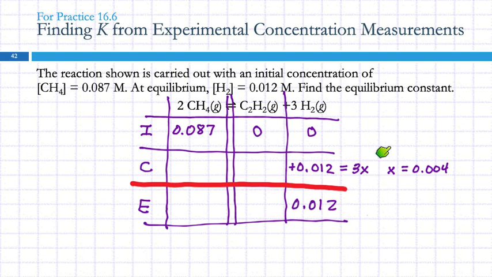Now that I know what the base is, when I go over here and I ask, how does this one change? Well, it has a coefficient of 1, so it changes by 1 of these, right? So this is 1x, so this is plus 1 times 0.004, so 0.004.